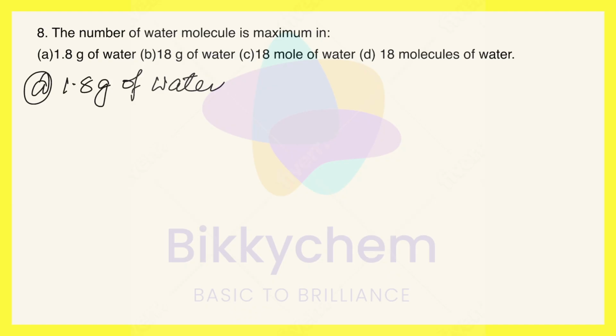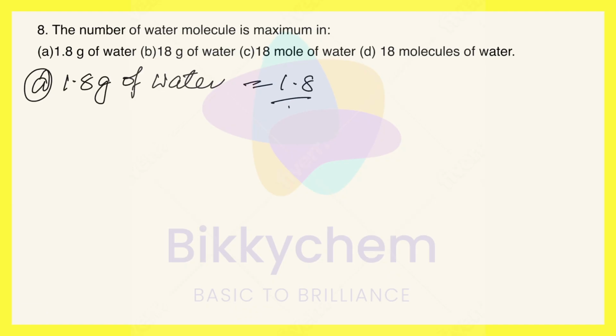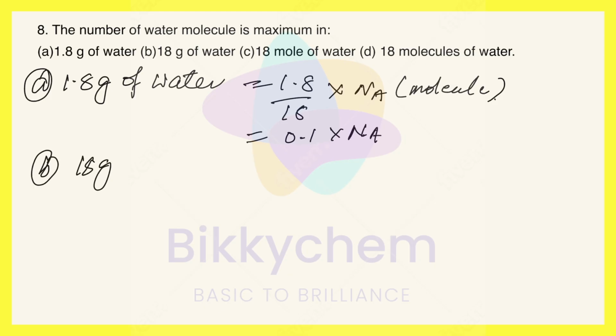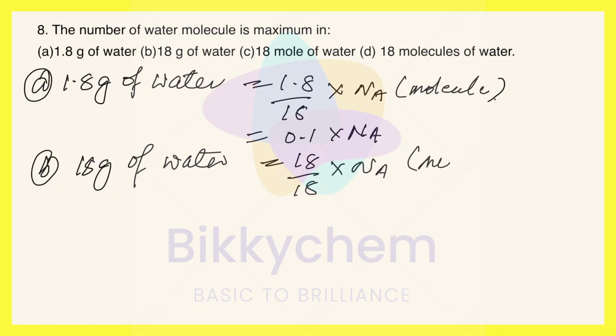So it will be 1.8 divided by 18 into Na in terms of molecules, where 6.022 into 10 to the power 23 molecules is Na. So it will be 0.1 into Na. In option B we have 18 gram of water, which is 18 by 18 into Na in terms of molecules, which will be 1 into Na.